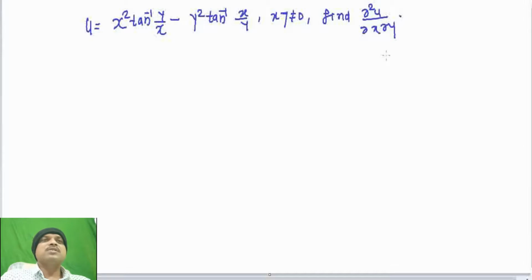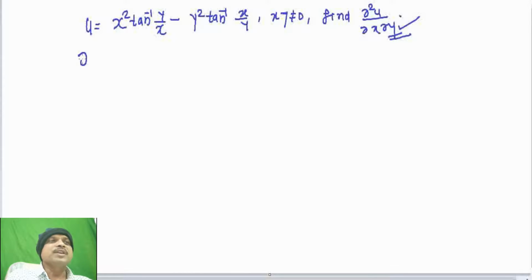U is a function of two variables x and y. Here you can see that when we go from right to left, it is given that I have to first find the derivative with respect to y. So let us differentiate this with respect to y, and this differentiation is a partial differentiation, since it is a function of two variables.